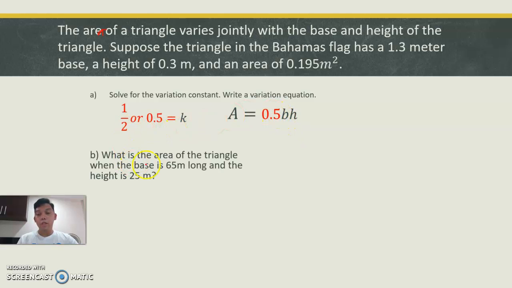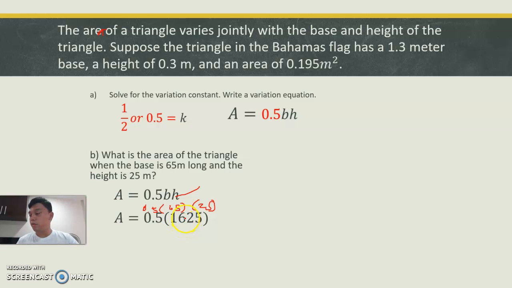So now let's find letter B. What is the area of the triangle when the base is 65 meters long and the height is 25 meters? So we replace the base and the height. The base is 65 and the height is 25. I forgot to write it here, their product. So we replace: 0.5 times 65 times 25. You can check it there. How much is 65 times 25?